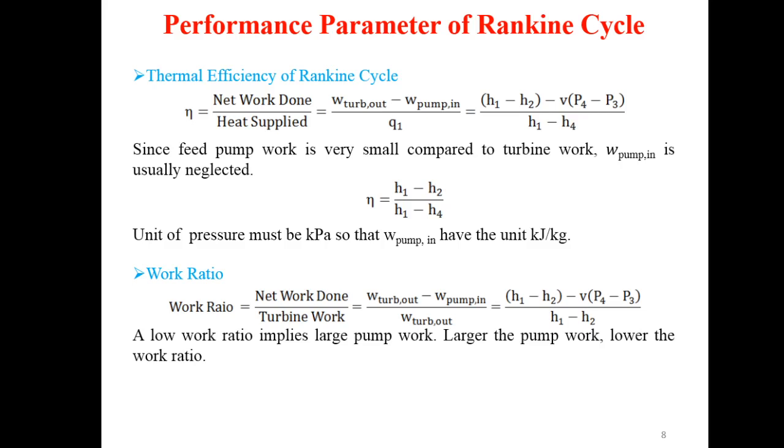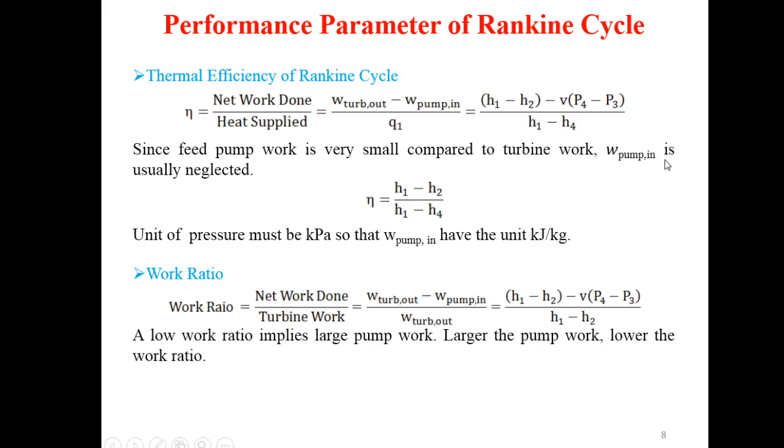Next is performance parameter of Rankine cycle. Thermal efficiency of Rankine cycle is given as net work done divided by heat supplied. So net work done is given as W turbine out minus W pump in, divided by Q1. If you put the value of the work and the heat supplied, you will get this formula.